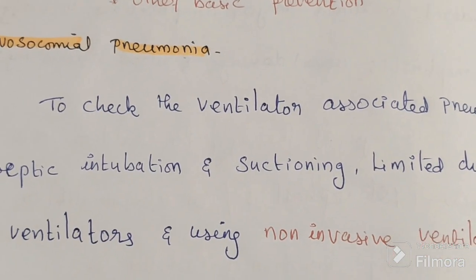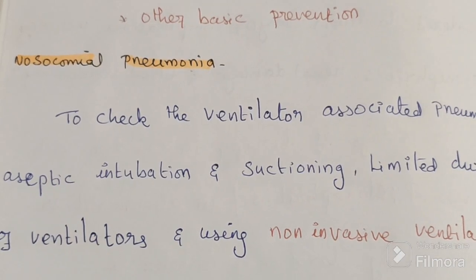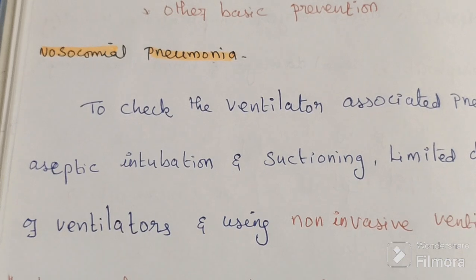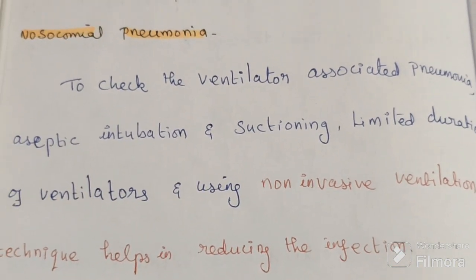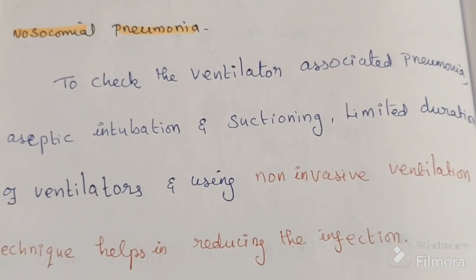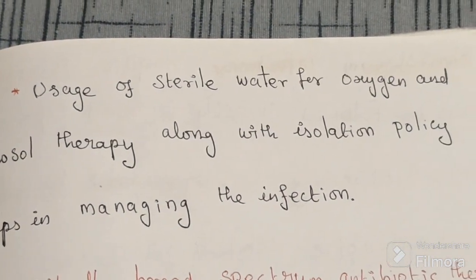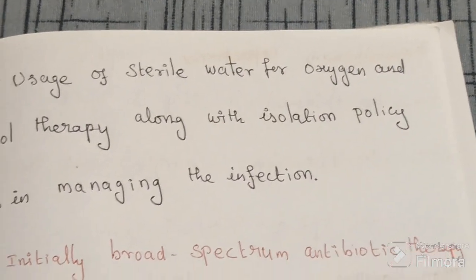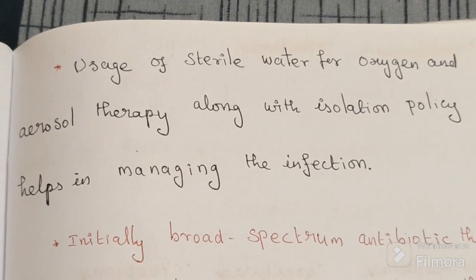To prevent ventilator associated pneumonia, aseptic intubation and suctioning, limiting duration of ventilator, and using non-invasive ventilation technique help in reducing the infection. In other types of nosocomial pneumonia, usage of sterile water for oxygen and aerosol therapy along with isolation policy helps in managing the infection.